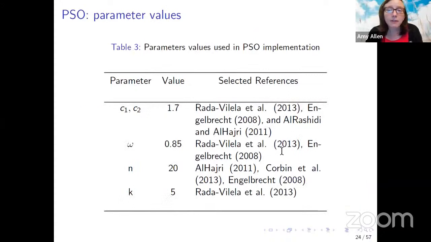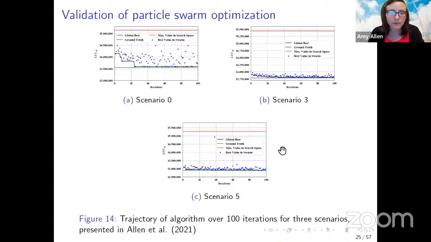I selected values of the PSO hyperparameters based on a review of literature and selected the values shown here in this table. And these plots highlight the results of the validation of PSO, which I performed for 5 different scenarios, which were distinguished by different values of the high-level parameters, such as utility cost in the life cycle cost function, and were selected so that each one resulted in a different optimal value of buildings connected to the network.